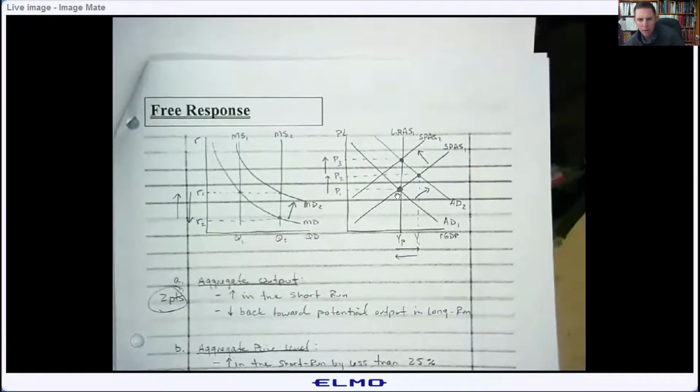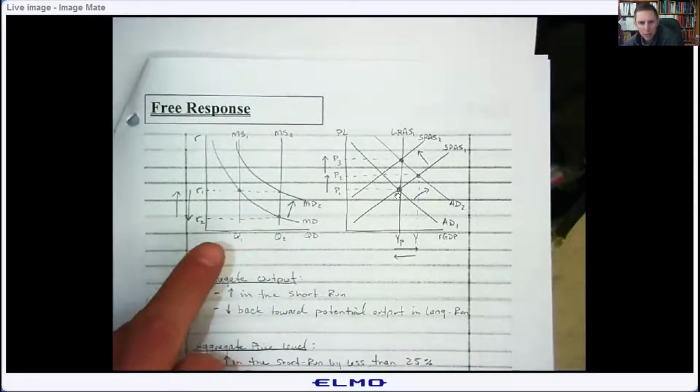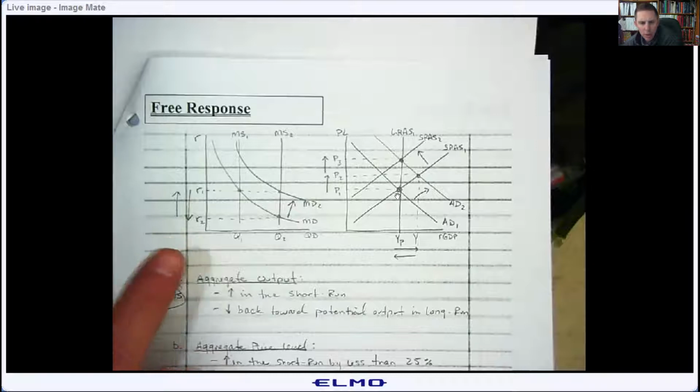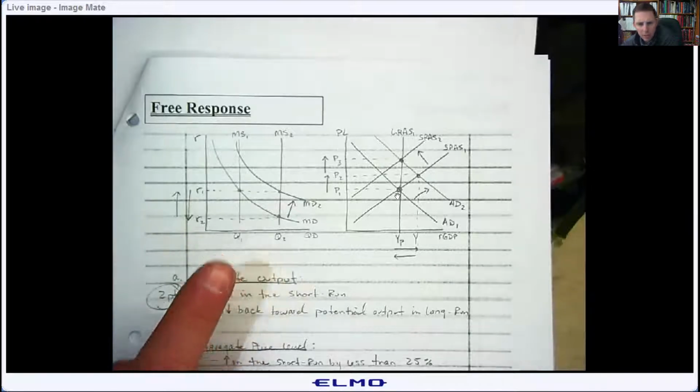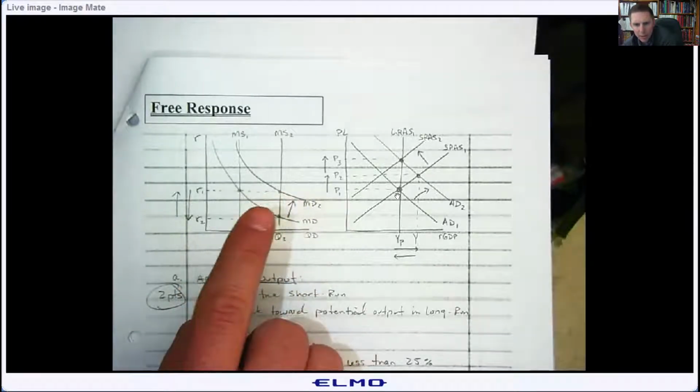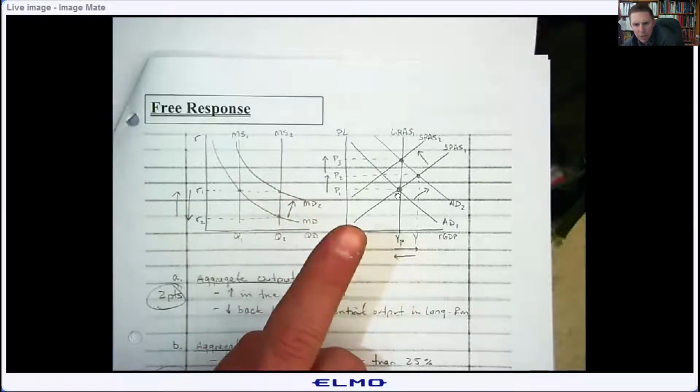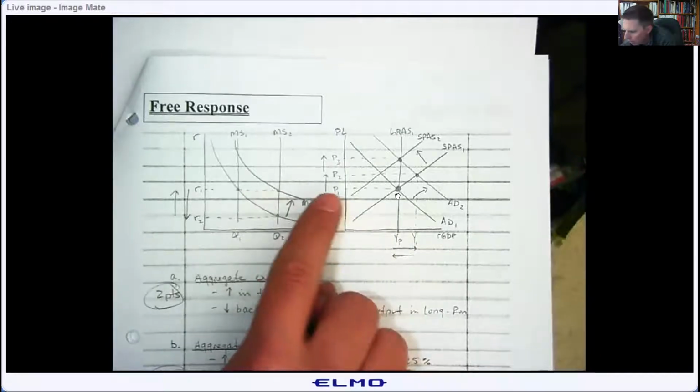This is how it should be drawn. You did not have to draw it, but here it is showing an increase in the money supply. Interest rates decrease in the short run, and that leads to expansionary policy over here. AD shifts to the right, so we see inflation right here.